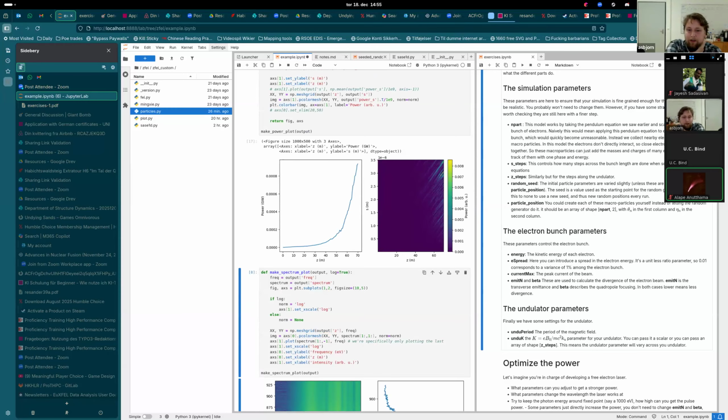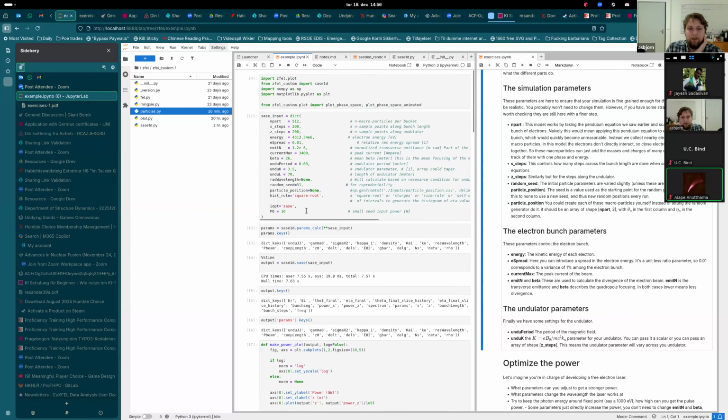Basically, you can see that before the power was 14 gigawatts, 15 gigawatts or something at the highest. Now it's maybe, what is this, 800 watts, 800 kilowatts. Okay, so it hasn't really even started lasing.